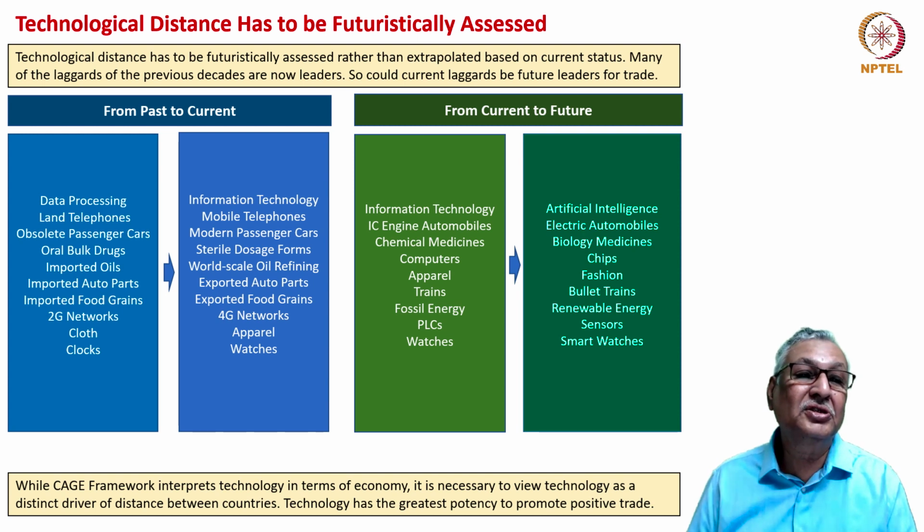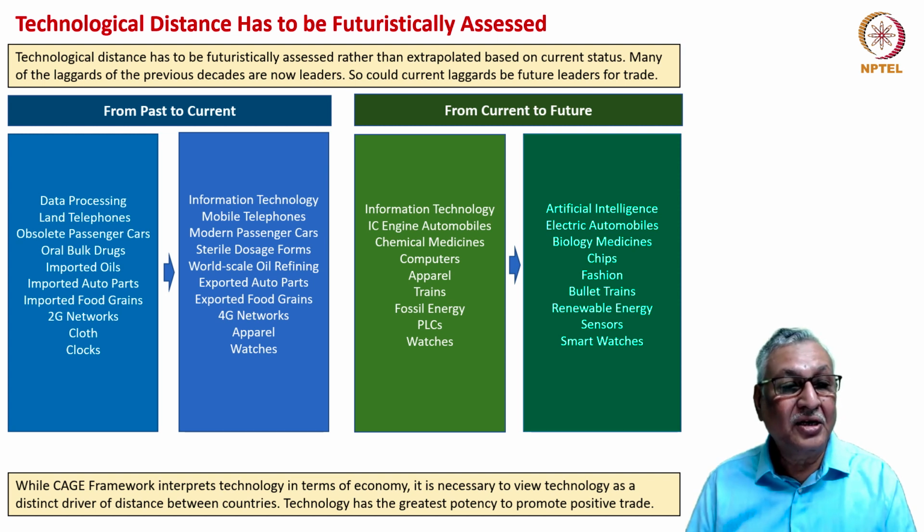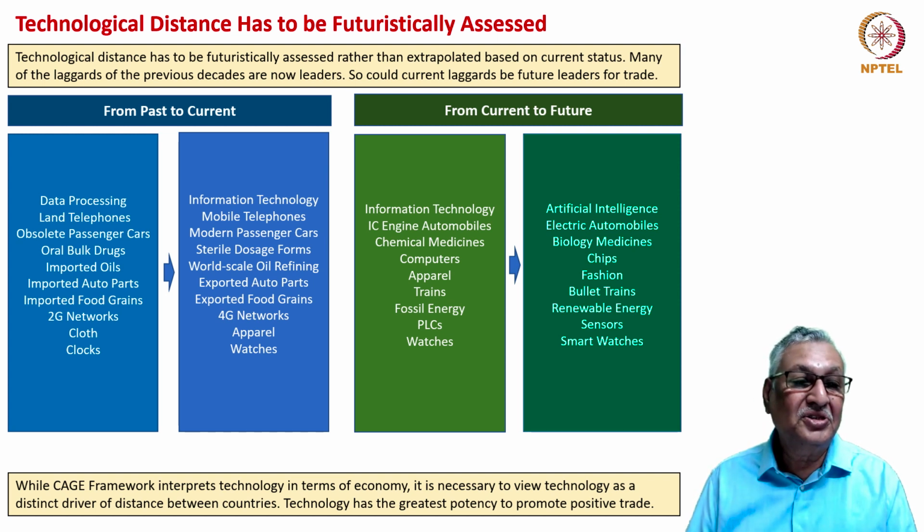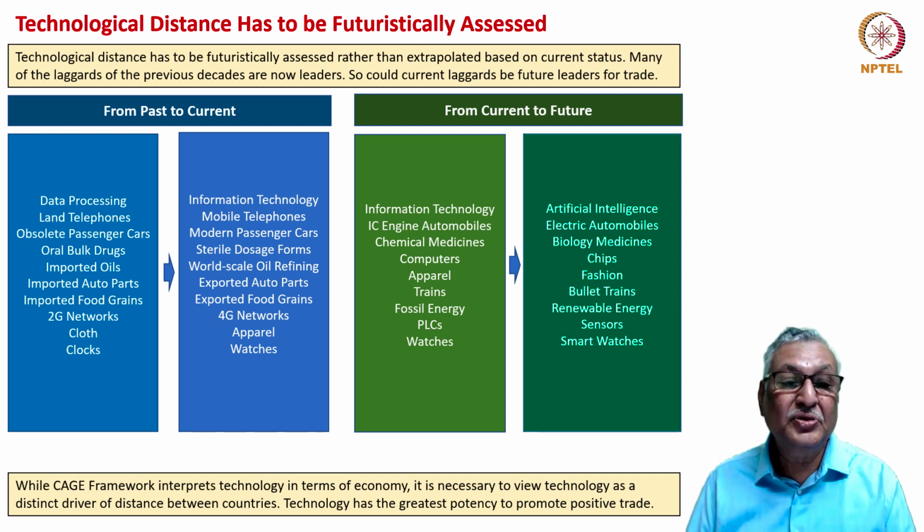Let's look at how things have evolved from the past situation to the current situation. In the past, data processing, land telephones, dated passenger cars, oral bulk drugs, imported oils, imported auto parts, imported food grains, 2G networks, cloth, clocks, these were the ones which were part of the export agenda and import agenda.